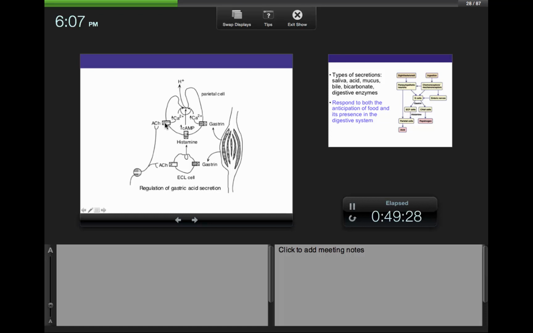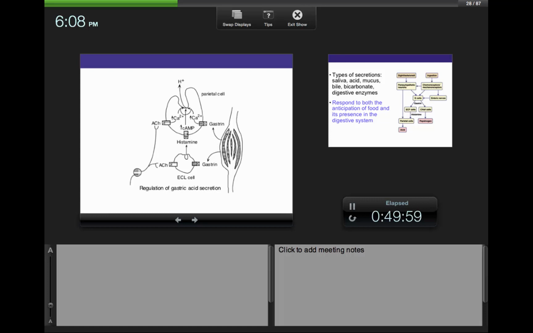If you add all these up, it still doesn't reach the amount of hydrochloric acid secretion that happens when all three are on board and potentiation happens. So potentiation means that the amount of acid secretion is greater than the sum of just acetylcholine by itself, just histamine by itself, just gastrin by itself. Potentiation means you're getting more. It's greater than the sum of the individual parts.